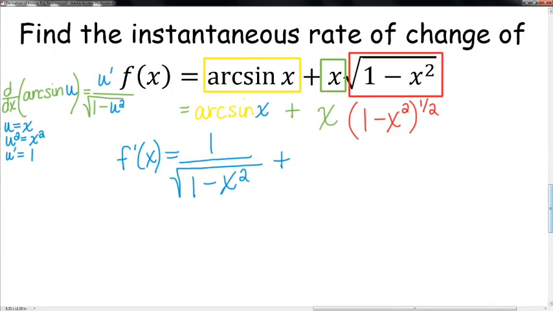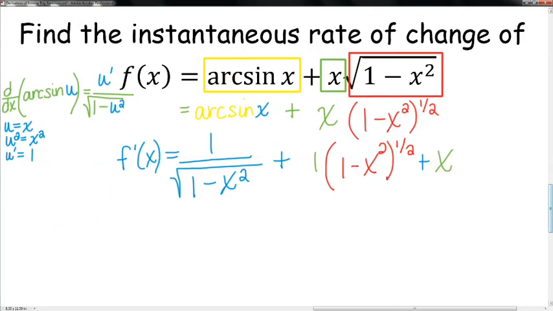We're going to add that, and then now we're going to deal with our product rule. So the derivative of the first times the second, added to the first times the derivative of the second.